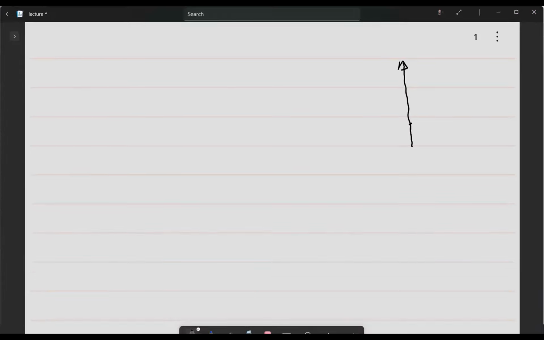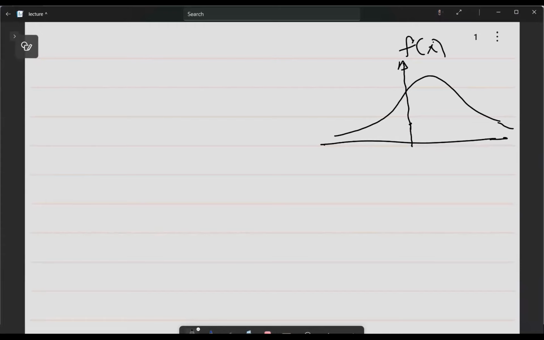Yes, so we can draw it. For example, we assume that the probability density function is something like that. This is f of x, and this is x. So this is the probability density function.